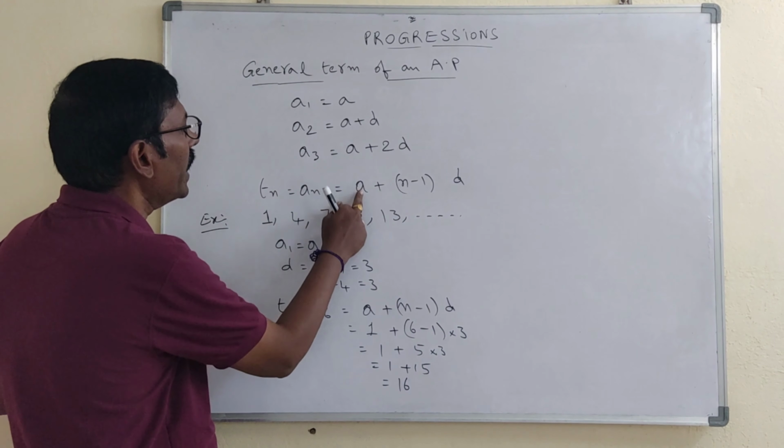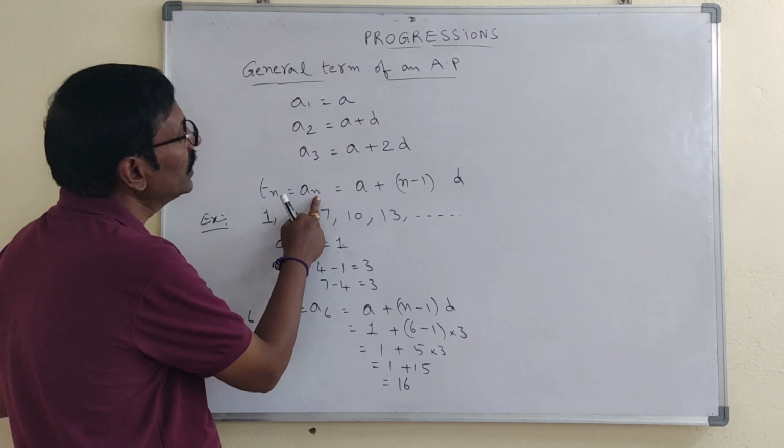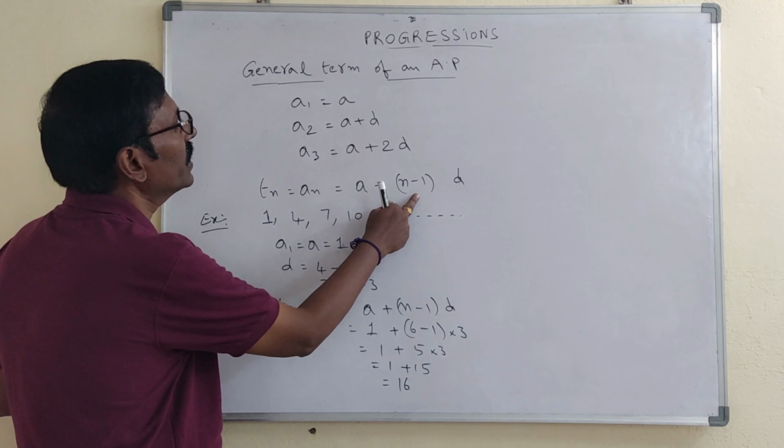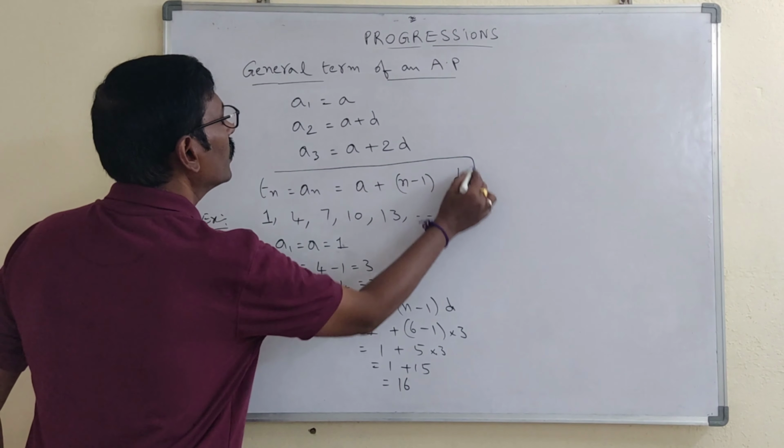So the first term A plus, 1 less than this nth term, meaning n minus 1, times D. So this is the formula for the nth term of an arithmetic progression.